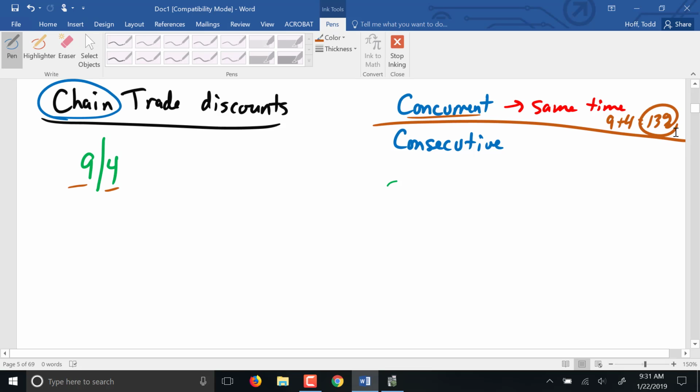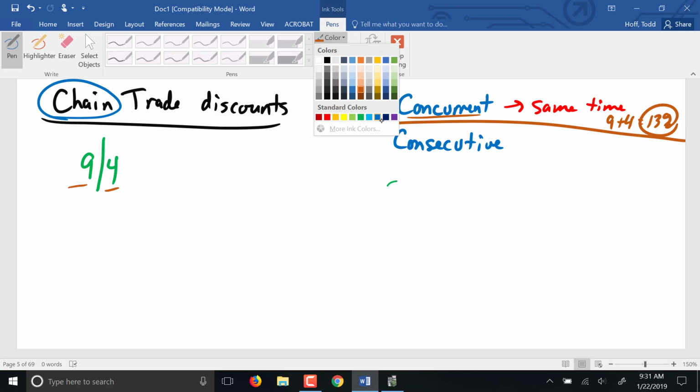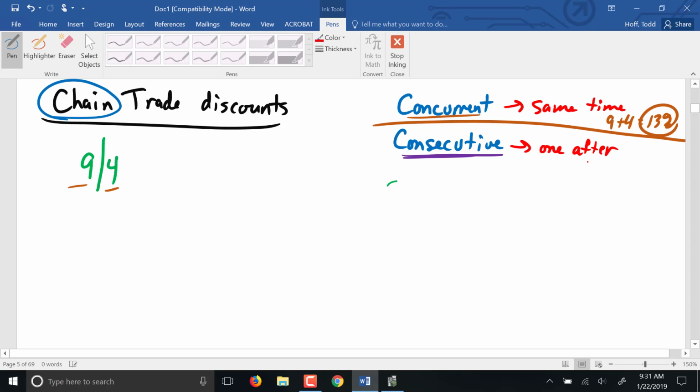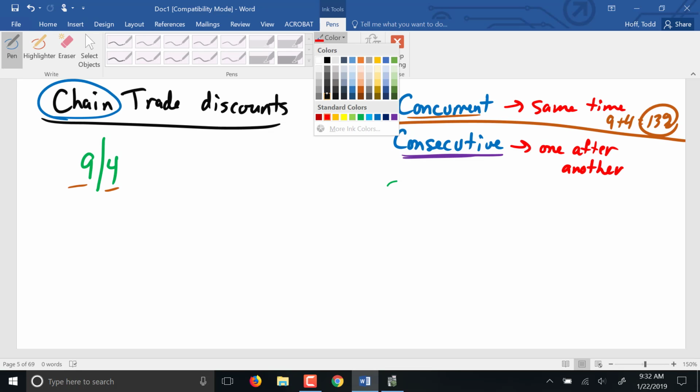Our trade discounts do not happen that way. Chain implies one after the other, which is consecutive. So they happen one after another. What that means is we take our 9% discount first, then we do the 4% discount.